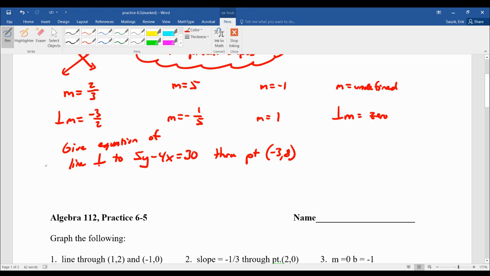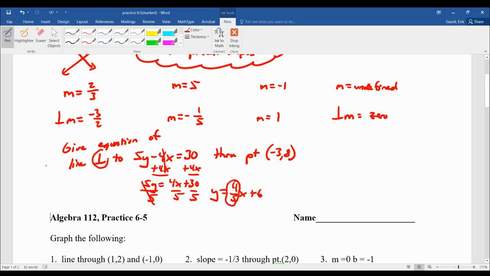So first thing, remember, perpendicular, the only information that we're taking from this is just the slope. We have to figure out what the slope is. We got to get y by itself. So let's move the 4x over. 5y equals 4x plus 30. Divide by 5, and you get y equals 4/5 x plus 6. Now remember, the slope of this thing is 4/5.